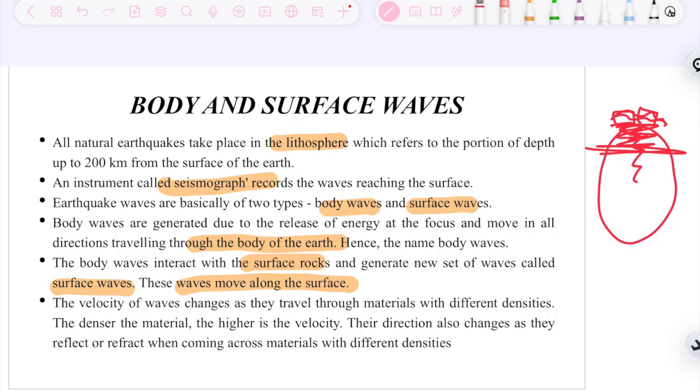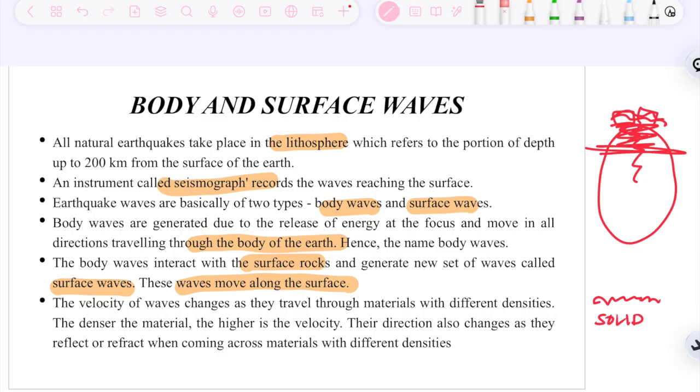The velocity of waves changes as they travel through material with different densities. The denser the material, the higher is the velocity. Their direction also changes as they reflect or refract when coming across materials with different density. Now, let's consider that this is a wave traveling in solid.